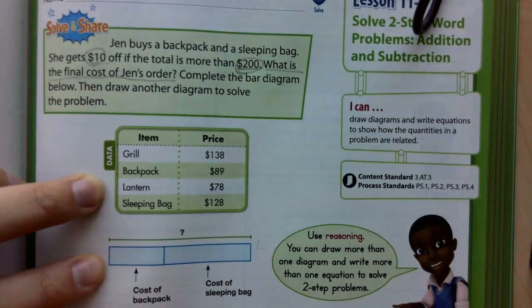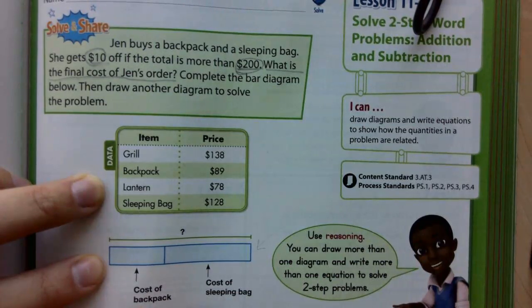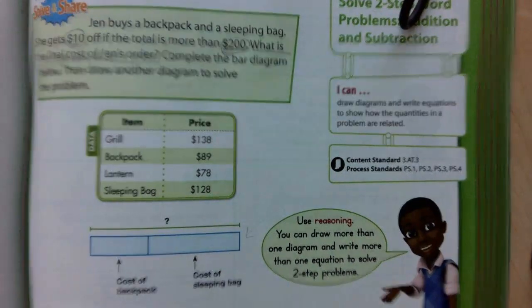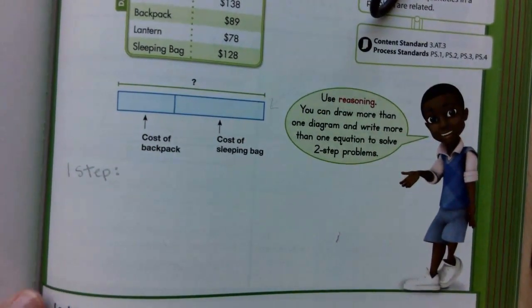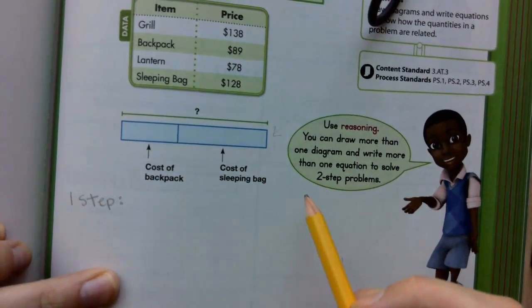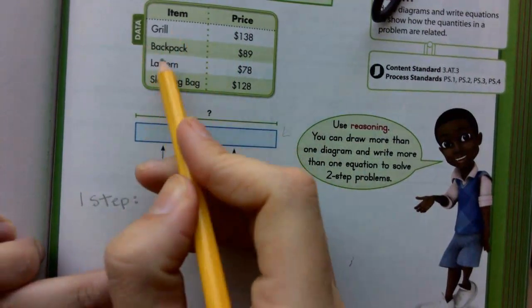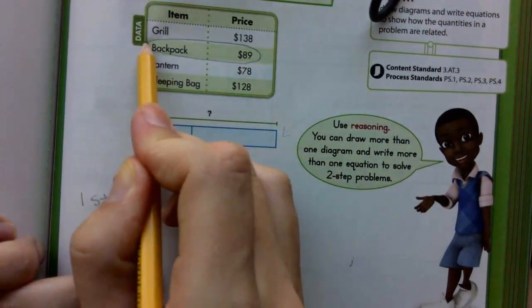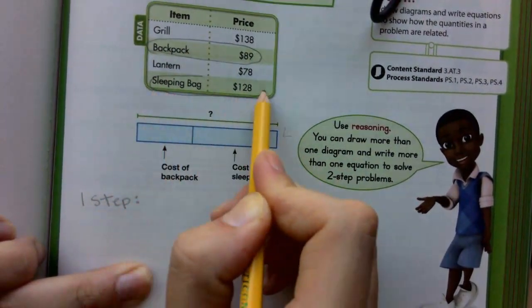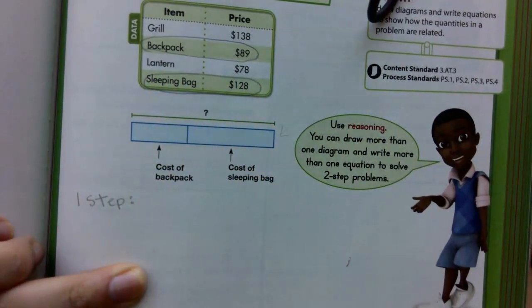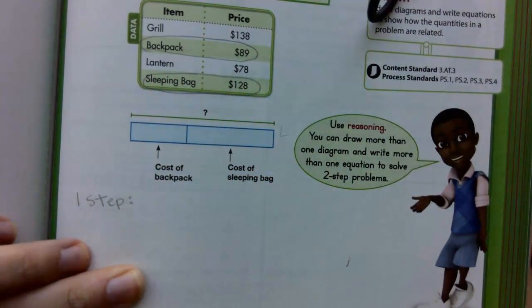So the first step, I need to figure out how much those two items would cost. We have a backpack and a sleeping bag. So I'll go ahead and circle those inside my data table. And I need to add them together to see what the total will be.